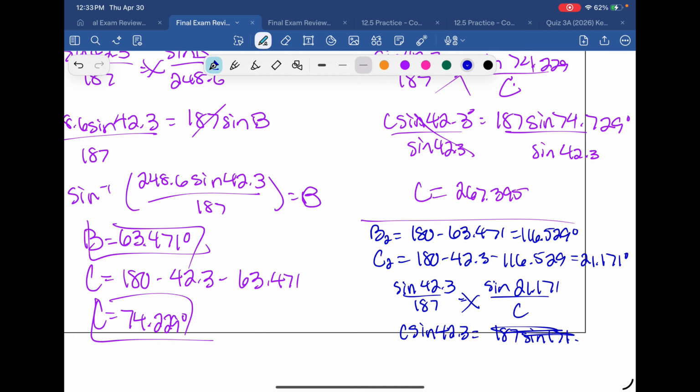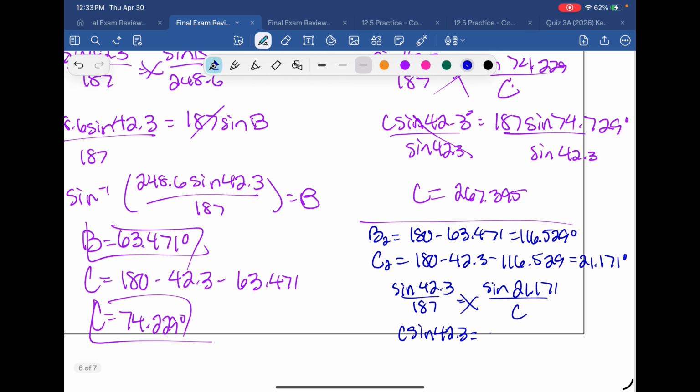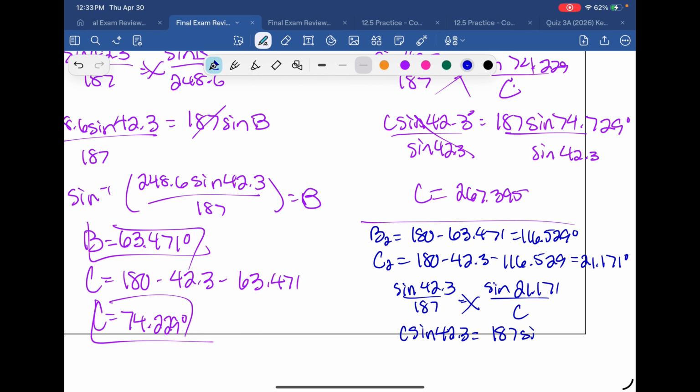I honestly have no idea where my head is. 42.3, 187 sine, 21.171. And we divide by sine 42.3.